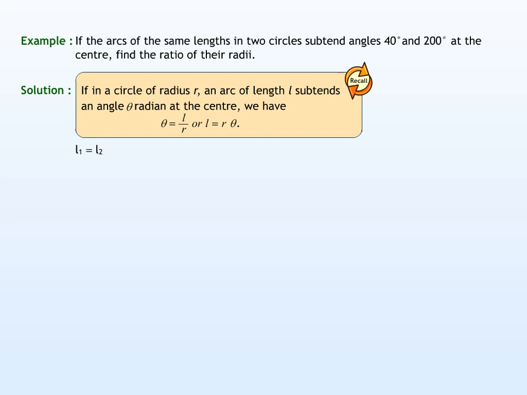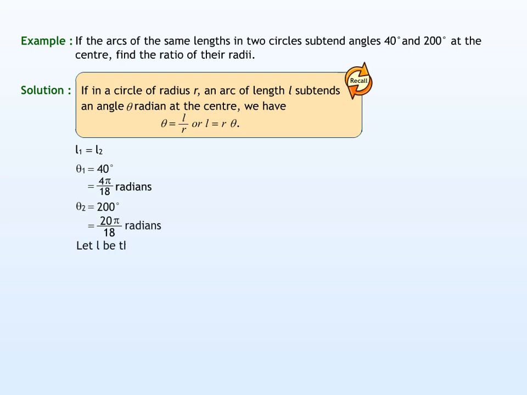Now we know that L1 is equal to L2, so theta 1 is equal to 40 degrees, which is equal to 4 pi by 18 radians. Theta 2 is equal to 200 degrees, which is equal to 20 pi by 18 radians.